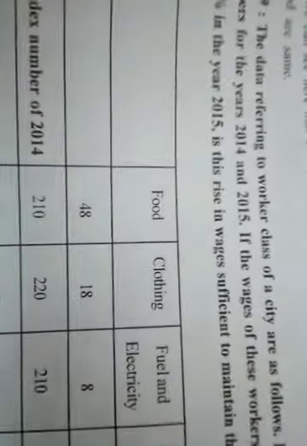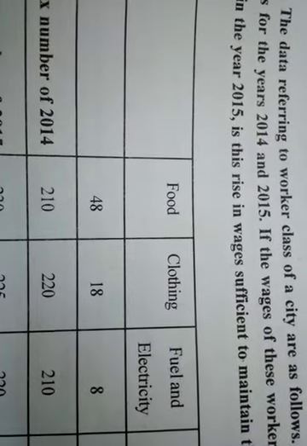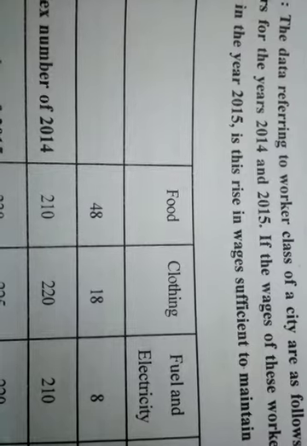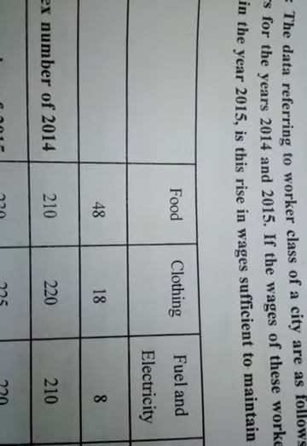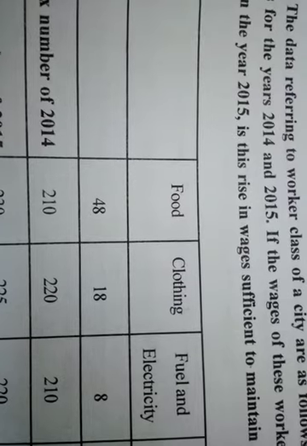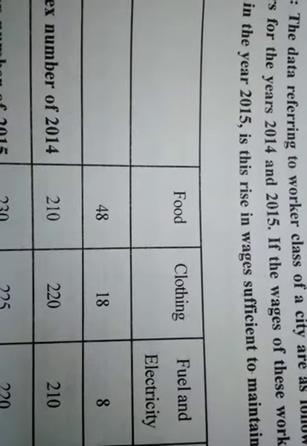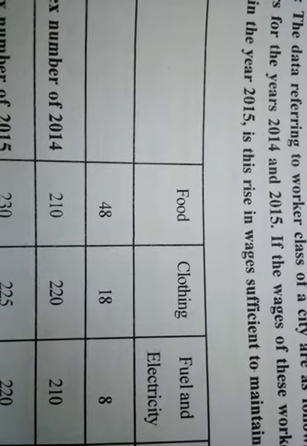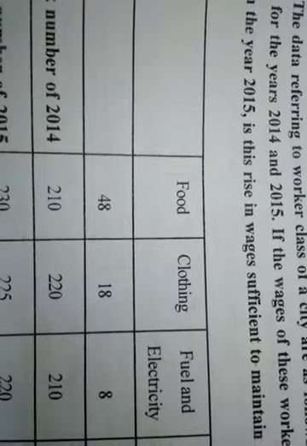Suppose a worker is working in a firm in 14 and 15. In 2014, whatever he used to get as wages, 5% will be added in 2015. So he will get a 5% increase in wages. Now what will be the difference in cost of living index number? We have to calculate. If the cost of living index number also rises by 5%, then the wages would be sufficient.